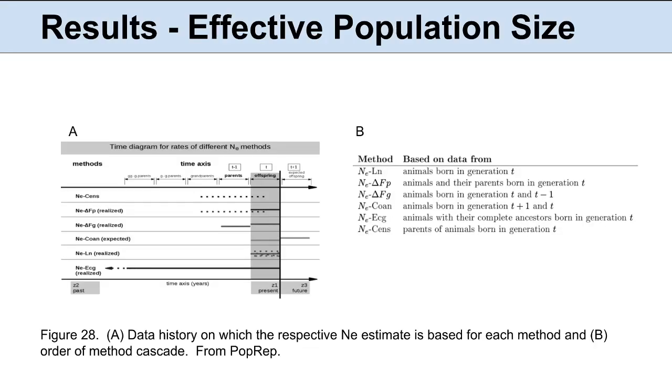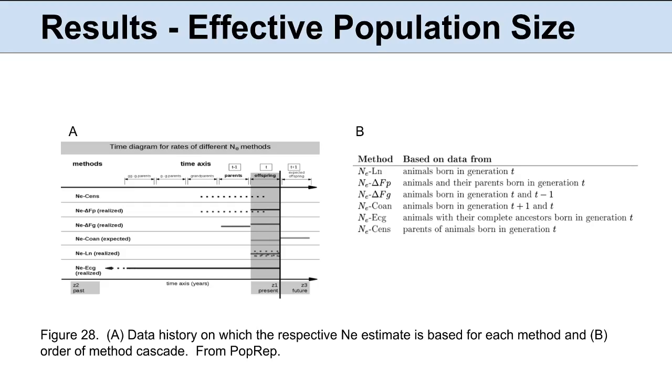What PopRep does, and I'm choosing PopRep to illustrate the effective population size because PopRep is more thorough than Retriever in this regard, is it has 6 different methods for determining effective population size. And what figure A on the left shows you is how they are doing it.